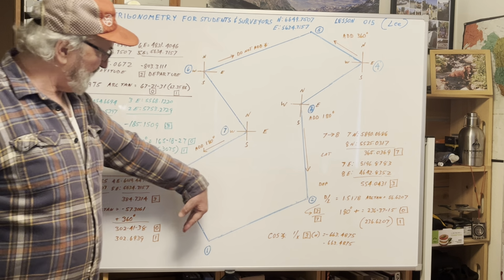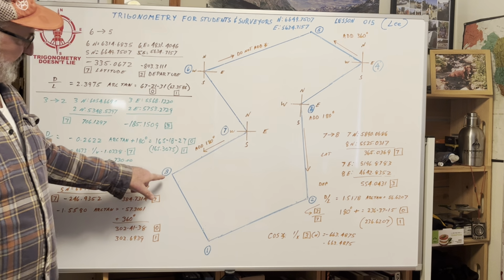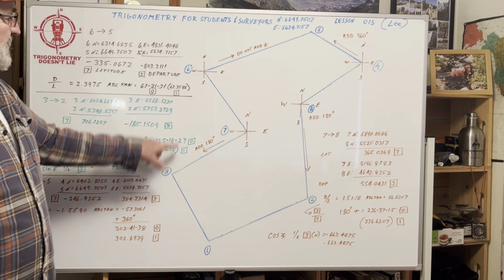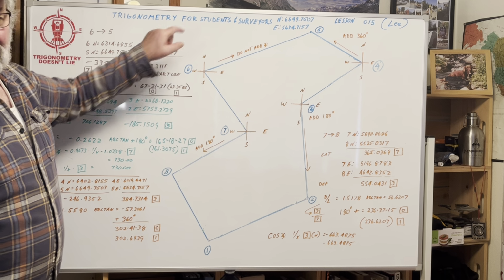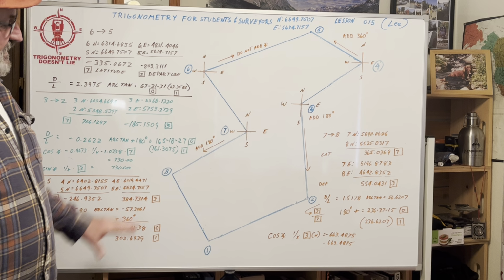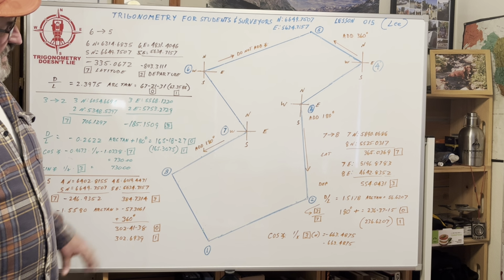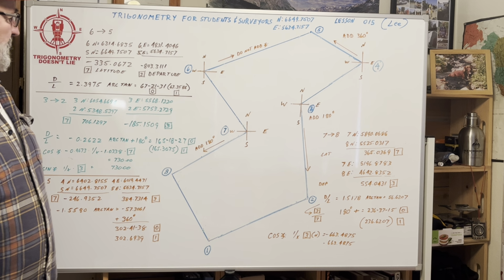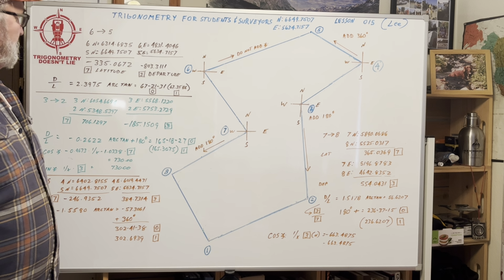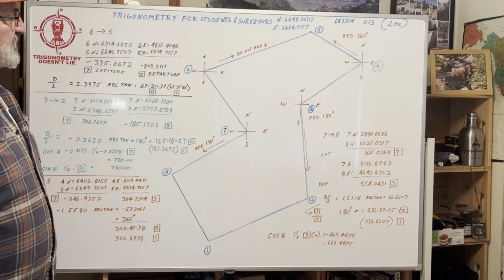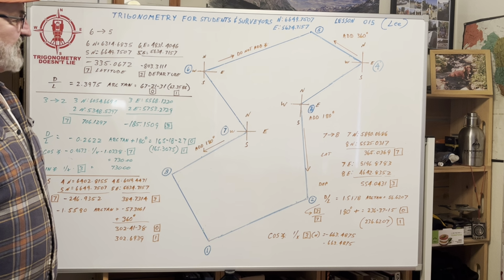Over here, southwest, you're going to get a negative northing and a negative easting, and up here you get a positive northing and a positive easting. That'll all be reflected when we start subtracting these northings and eastings. So you just keep that in mind.